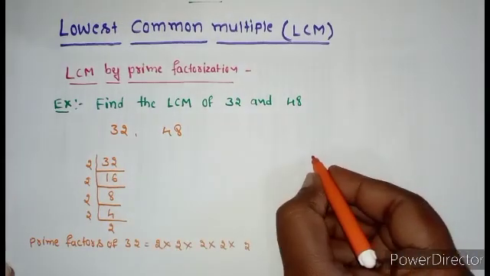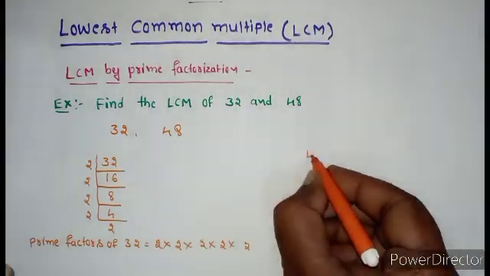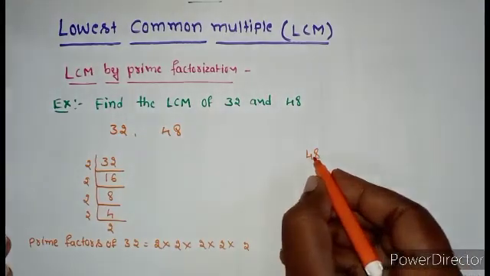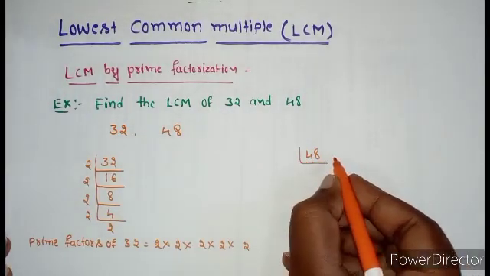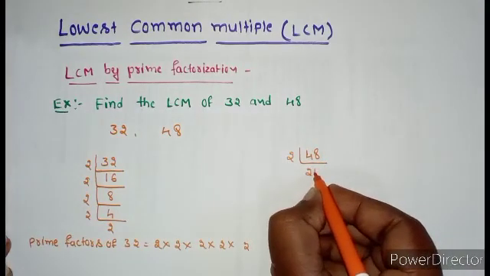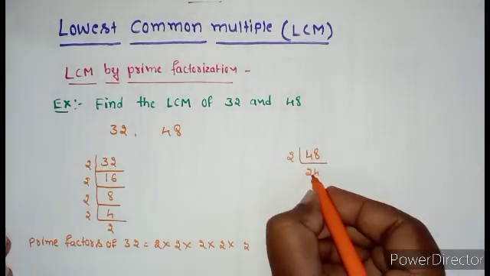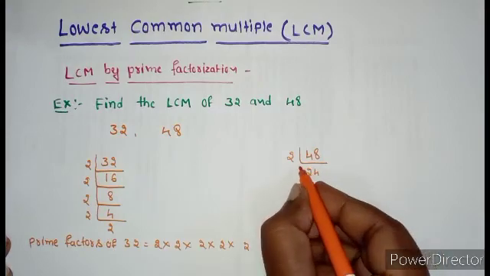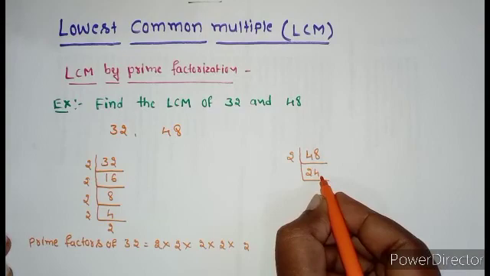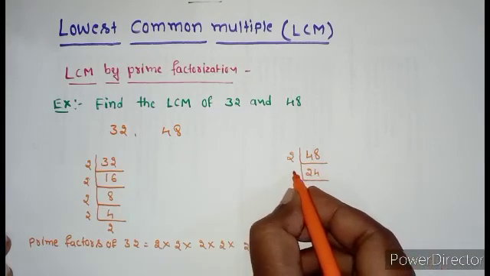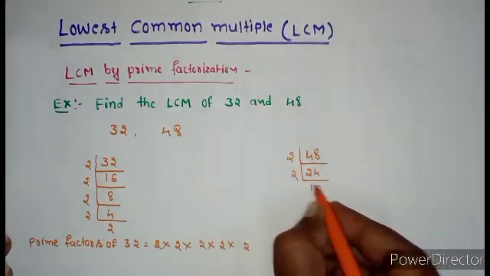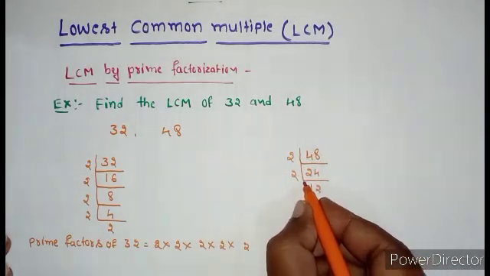All of you see here, students, 48. Here in the ones place 8 is there, so this number is divisible by 2 only. 2 24s are 48. Again here in the ones place 4 is there, so this number is divisible by 2 only. 2 12s are 24.